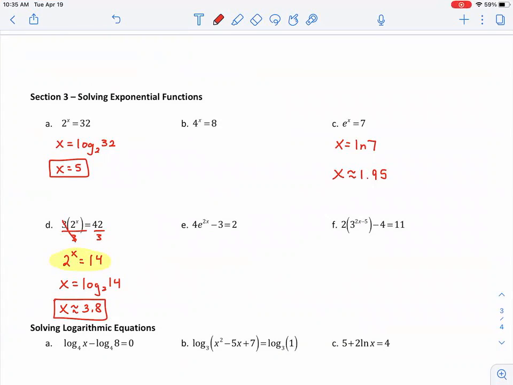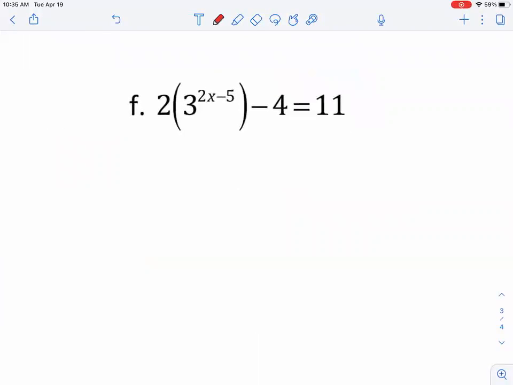All right, so to do something ugly like f, I want to first get this by itself. So do not make this common mistake. We do not multiply 2 times 3 and write that as 6 to the power, okay? Follow our normal orders of operations. We want to first move the -4 over by adding 4 to both sides.